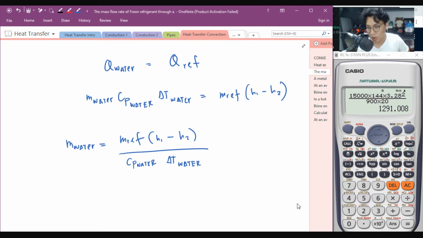Yung refrigeration system mo, gagamit yan ng water from the condenser. Yung condenser mo, tatanggalin yung heat ng iyong refrigerant. Doon, sa heat ng refrigerant, mag-give off siya ng heat exchange. Okay? Anong gagamitin? Commonly, kapag cooling tower, that is water. Pagdating ng cooling tower mo, meron kang inlet and outlet temperatures ng water, kung saan yung ibinibigay ng iyong refrigeration system ay mainit. Iinit yung tubig, papasok sa cooling tower mo, lalabas sa cooling tower mo, malamig na.